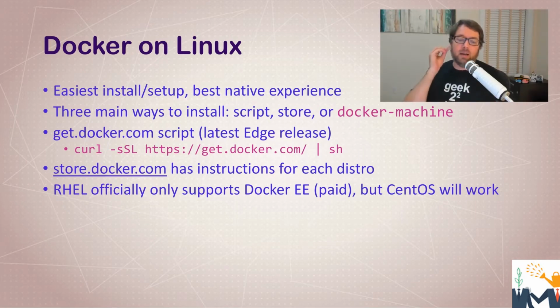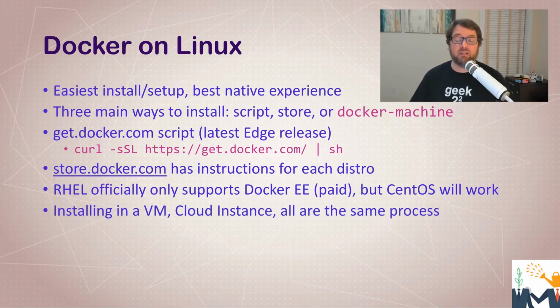So if you're going to be on Red Hat, you can go to the store and look up the CentOS version because it's also a yum package manager version, and you can do that Docker CE instead of having to pay for Docker EE. But I want to tell you that now, because if you go to the store and click on Docker CE and then look for Red Hat Enterprise Linux, it's not going to be there because it's over on the EE side. Docker assumes if you're running the paid RHEL that you would be paying for Docker support, just like you pay for your Linux support.